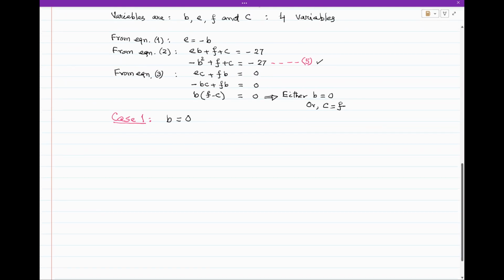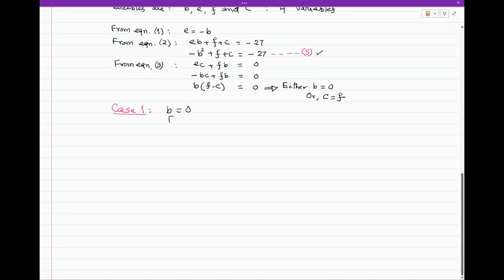In that case, from equation 5, we get minus b square plus f plus c is equal to minus 27, and since b is equal to 0, we simply get f plus c is equal to minus 27. Let us call this equation 6.